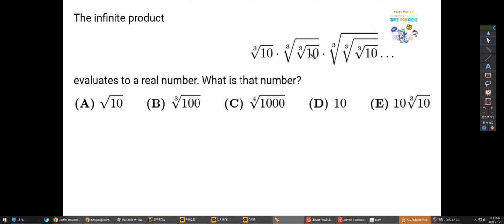In terms of exponent, multiplication is like addition. So for the first exponent, the exponent is 1/3, and okay, that's 1/9 power.